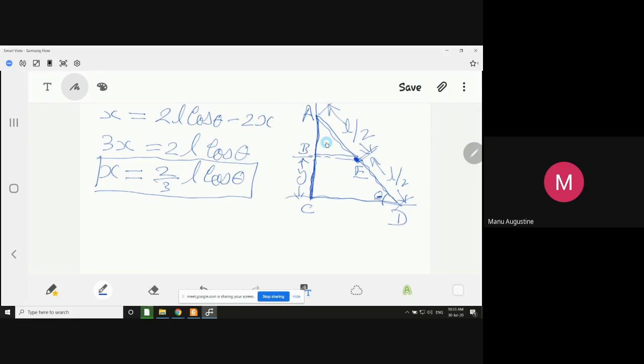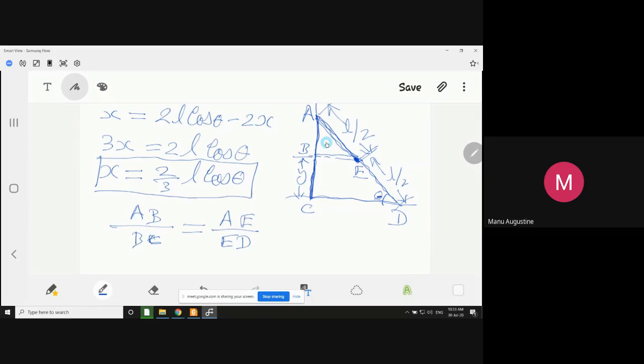So I can say that AB divided by BC must be equal to AE divided by ED. This is understood because these two triangles are similar to each other. Now, tell me what are the known things here. What is AE?